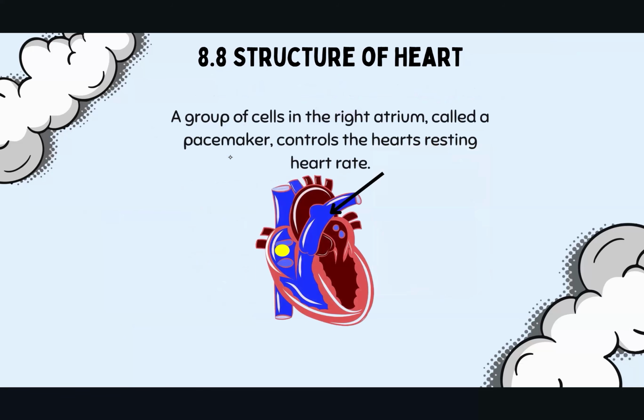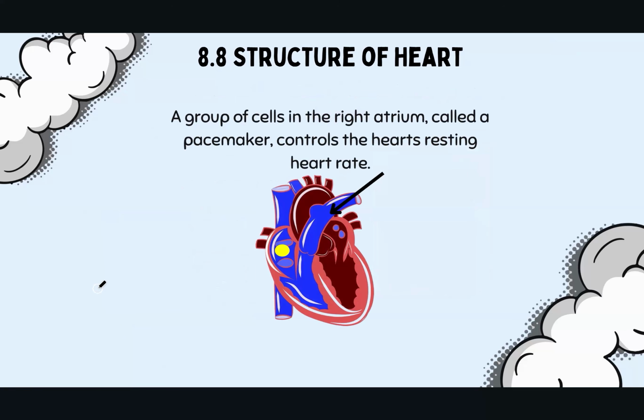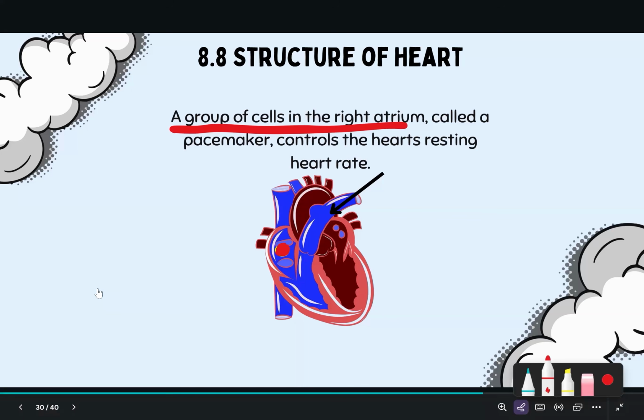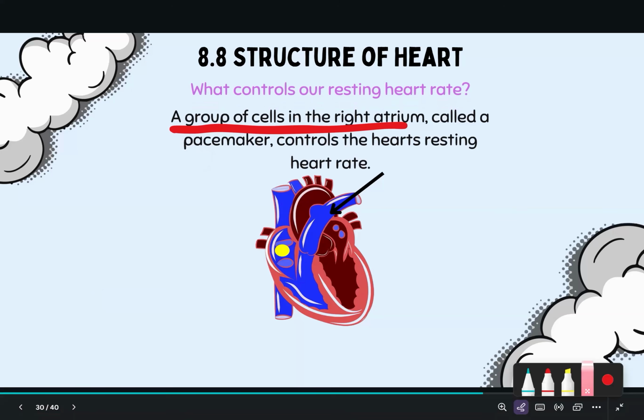Okay, now what actually makes the heart contract? It's a group of cells in the right atrium, just here, called a pacemaker, and it controls the heart's resting heart rate.